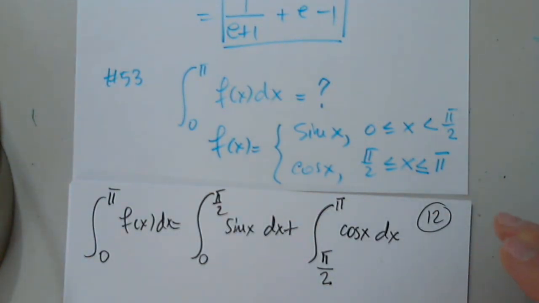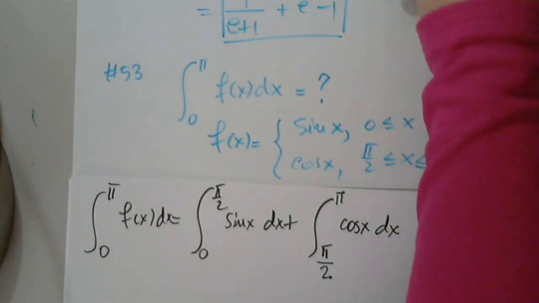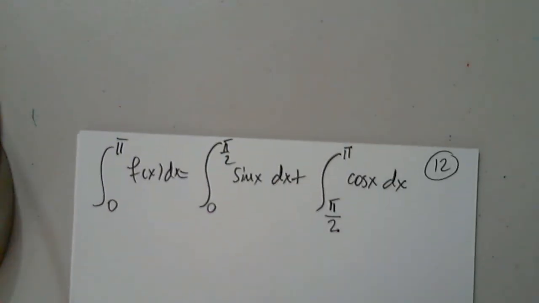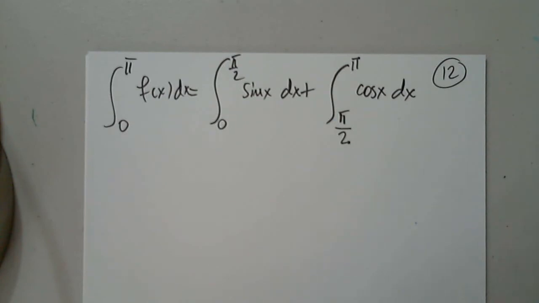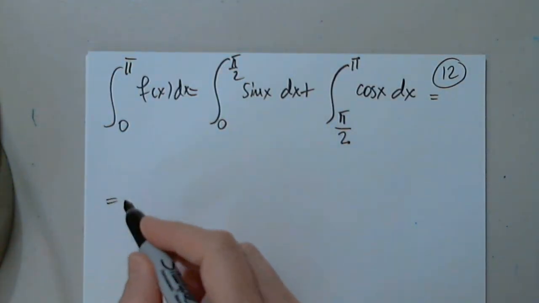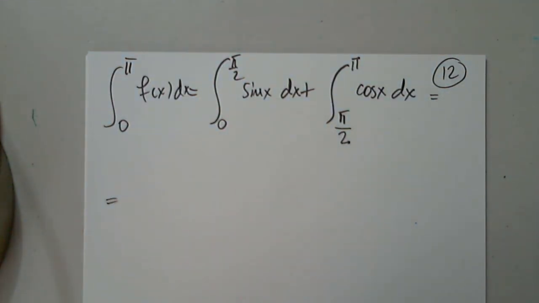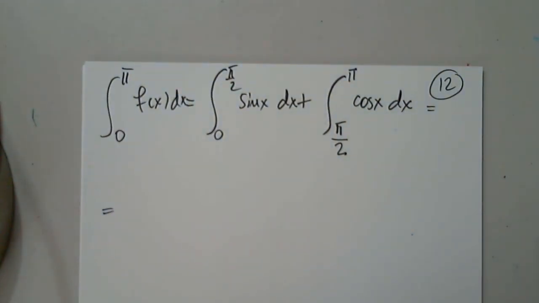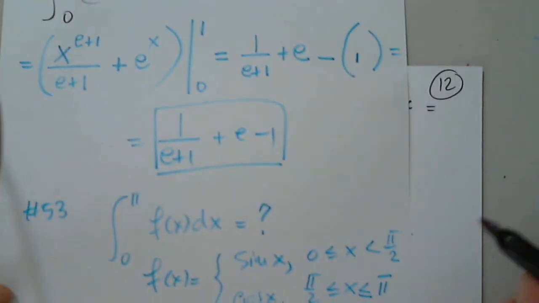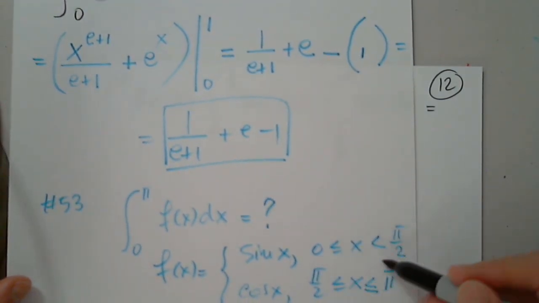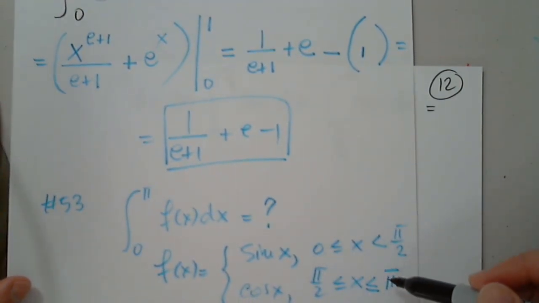Is this okay, everyone? We understand these steps? Can you go through it one more time? Yes. I see that pi over 2 is right between 0 and pi.